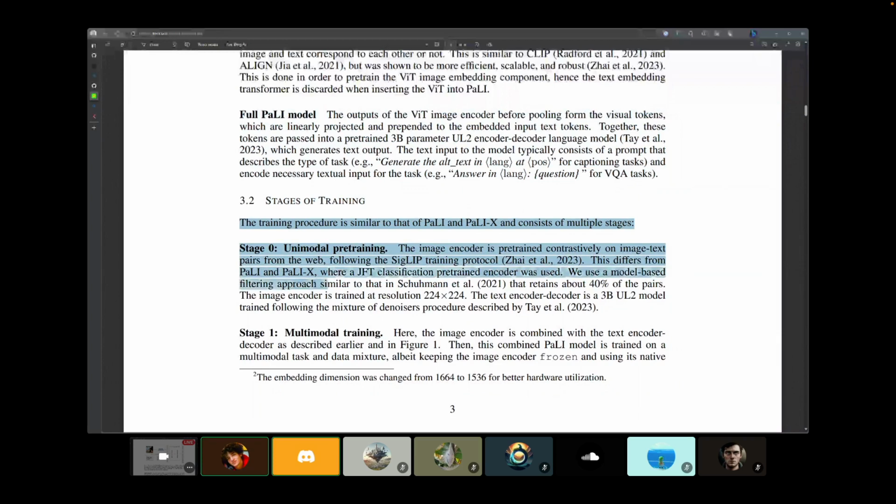We use a model-based filtering approach similar to that in Schuhmann that retains about 40% of the pairs. The image encoder is trained at a resolution of 224 by 224. The text encoder-decoder is a 3 billion UL2 model trained following the mixture of denoisers procedure described by Tay.